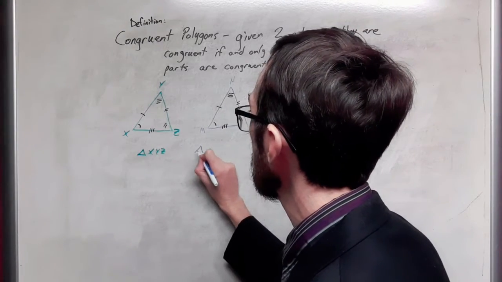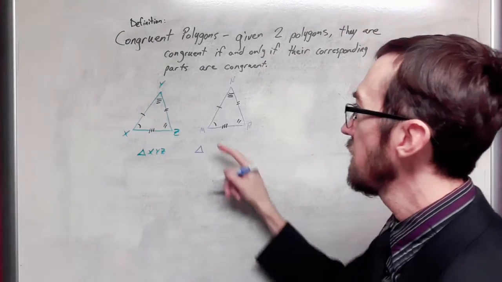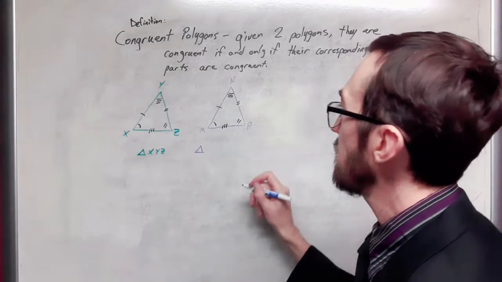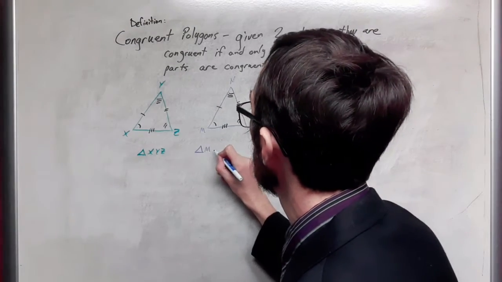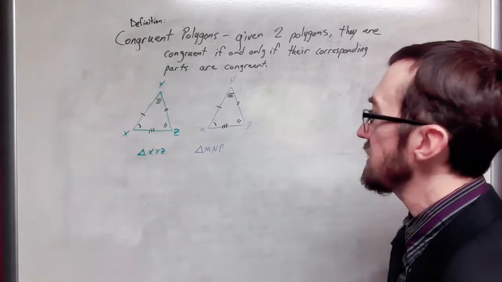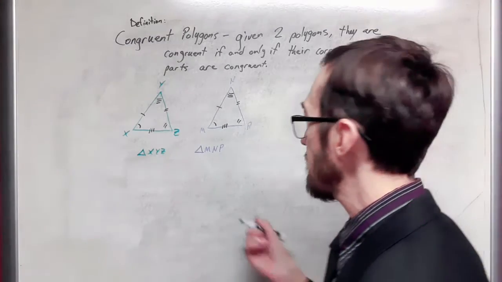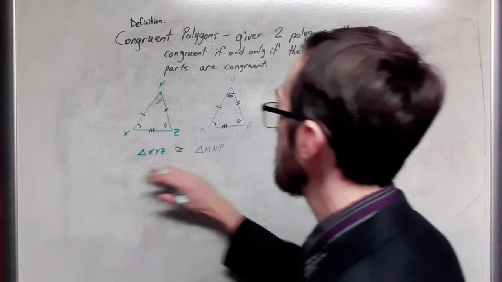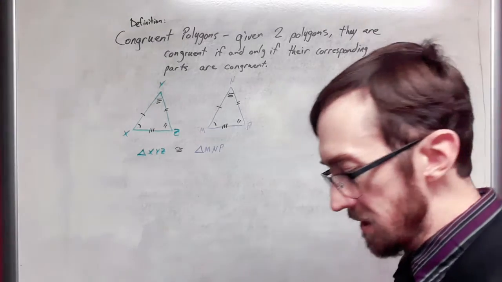So I'm starting with my triangle symbol. I'm going to start in this corner and I'm going to rotate clockwise: M, N, P. Then once I have these notationally written this way, I can put the congruent symbol in between here, and so I have a valid statement.